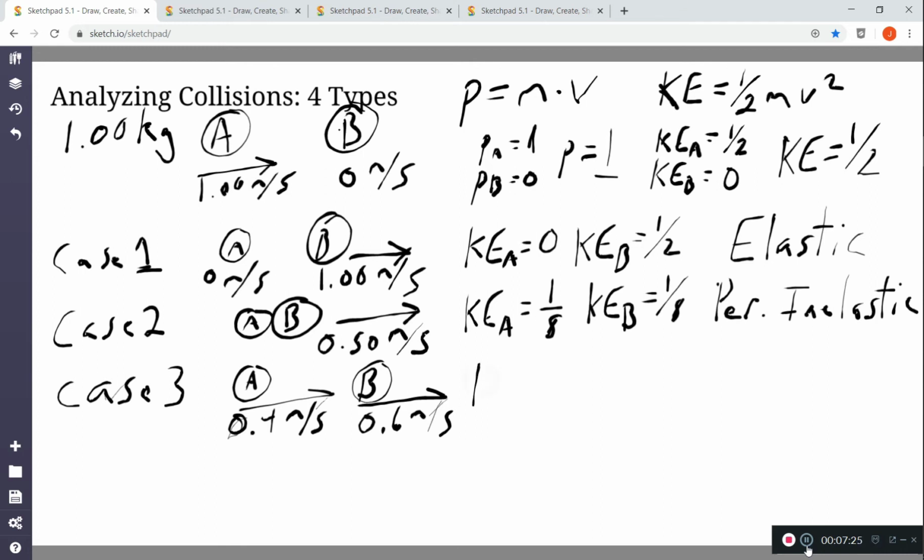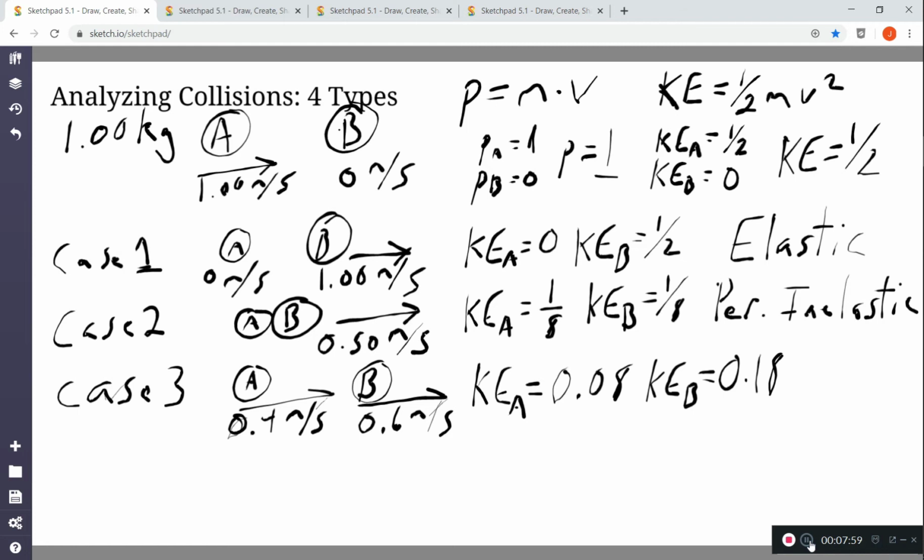So after this, the kinetic energy of A would be 1/2 times 1 times 0.4 squared, which would be 0.08, and the kinetic energy of B is equal to 0.18, which gives us a total kinetic energy of 0.26.